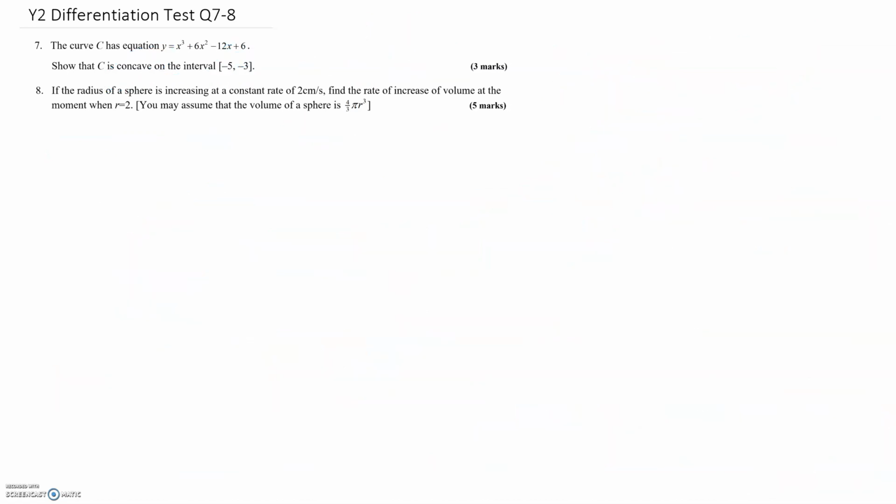Question 8 looks like a rates of change question. With these, it's always a good idea to write down what you're given in the question and what you're trying to find first of all. The radius of a sphere is increasing at a constant rate of 2 centimeters per second. Wherever you see the word rate, you're going to have a dt on the bottom.